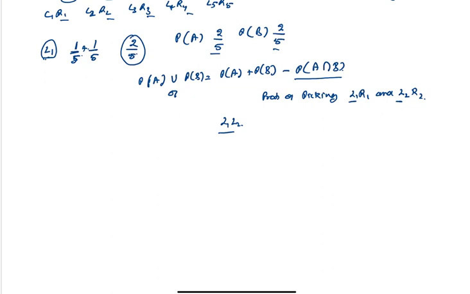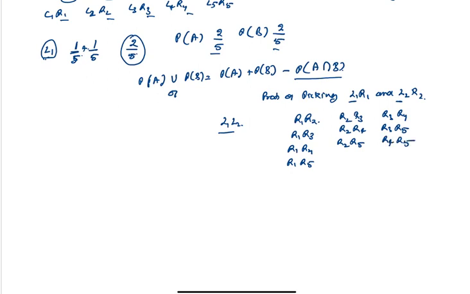We can pick R1 and R2, R1 and R3, R1 and R4, R1 and R5. Similarly, we can pick R2 and R3, R2 and R4, R2 and R5. We can pick R3 and R4, R3 and R5, and R4 and R5.